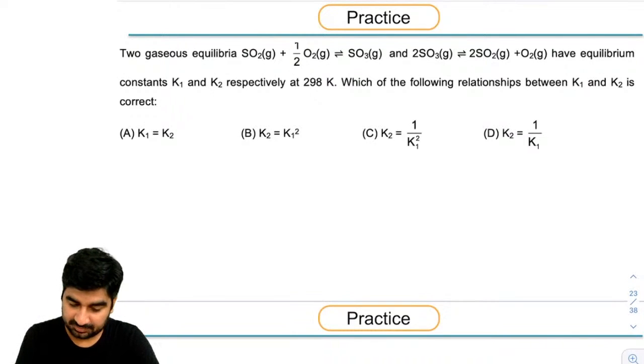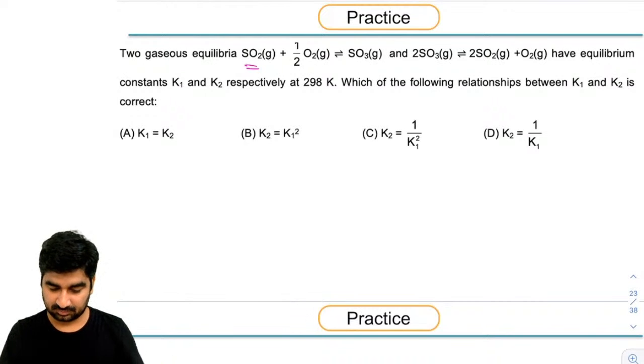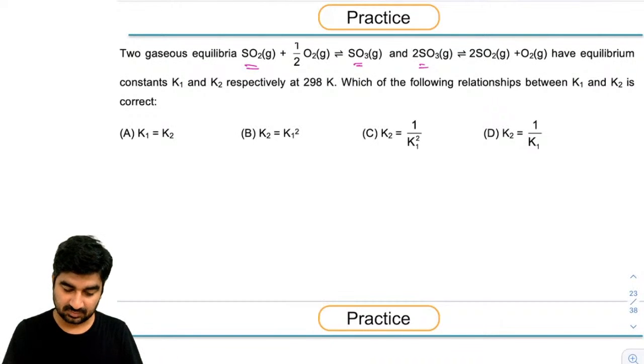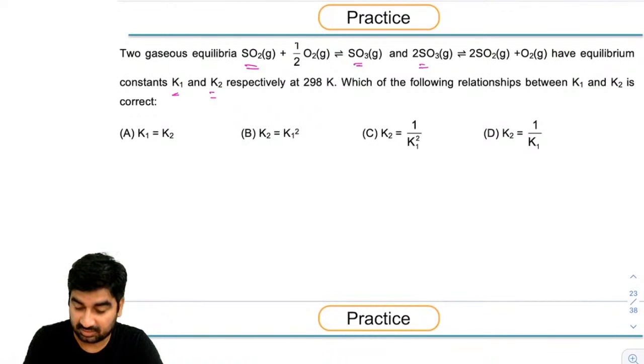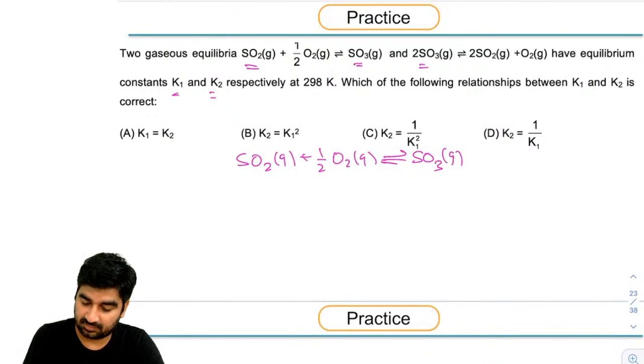So how will you do it? You are given SO2 gas plus half O2 giving you SO3, and then twice of the reverse. This is K1 and K2. So which of the following relationships is correct? So let me take one problem here. SO3, so just reverse it.